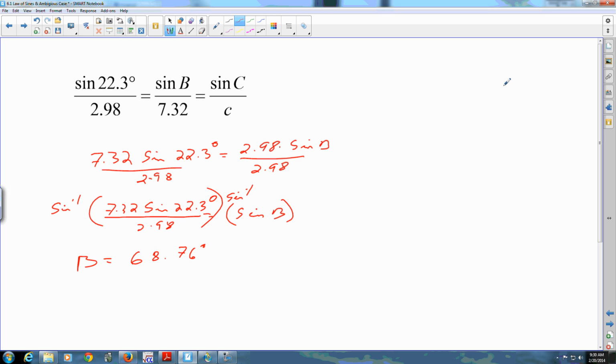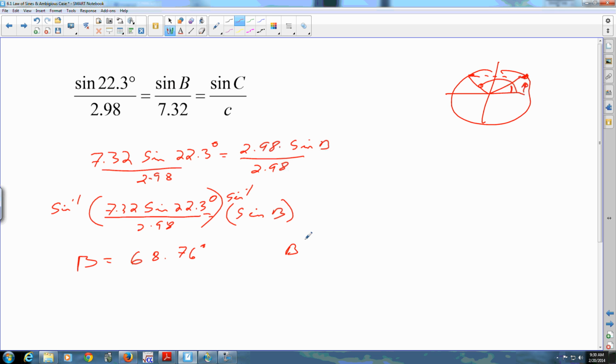68.76 degrees. And using what I was doing on the previous page, so 68 degrees, where else could you have had the same y value? Directly across. So you don't know, because these could be non-right triangles, is it this angle or is it this angle? How do you find this other angle?